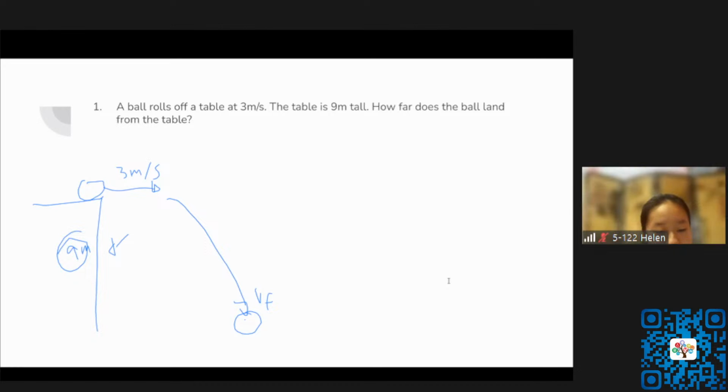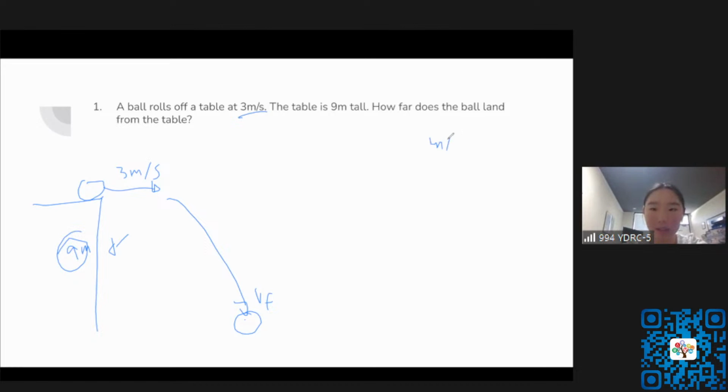Yeah. Okay, guys. I don't know if I said this already, but if you see meters per second, that correlates with velocity. Meters per second is usually velocity. It is basically always velocity and speed. You can't measure displacement and acceleration with meters per second.